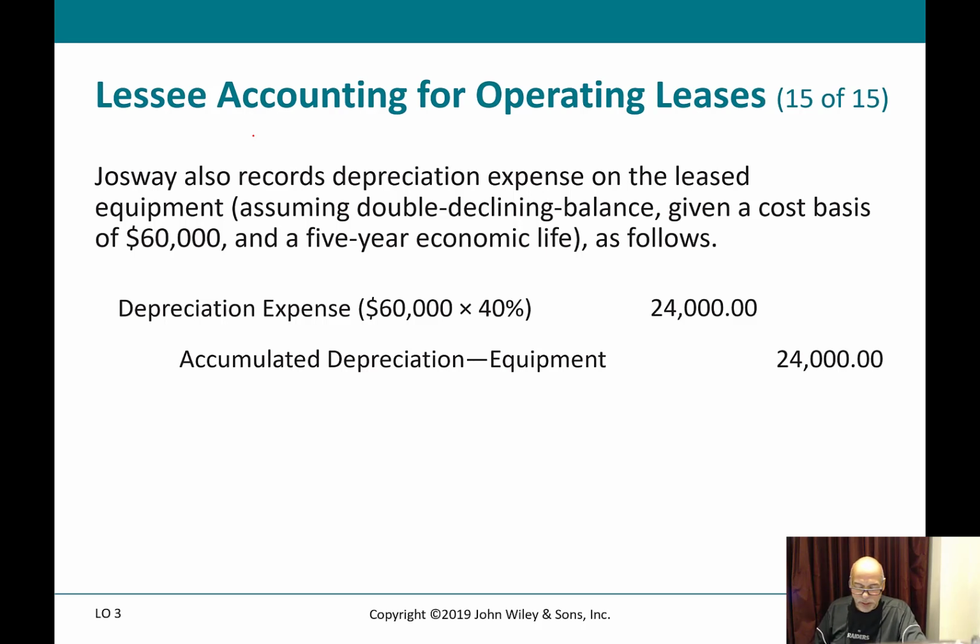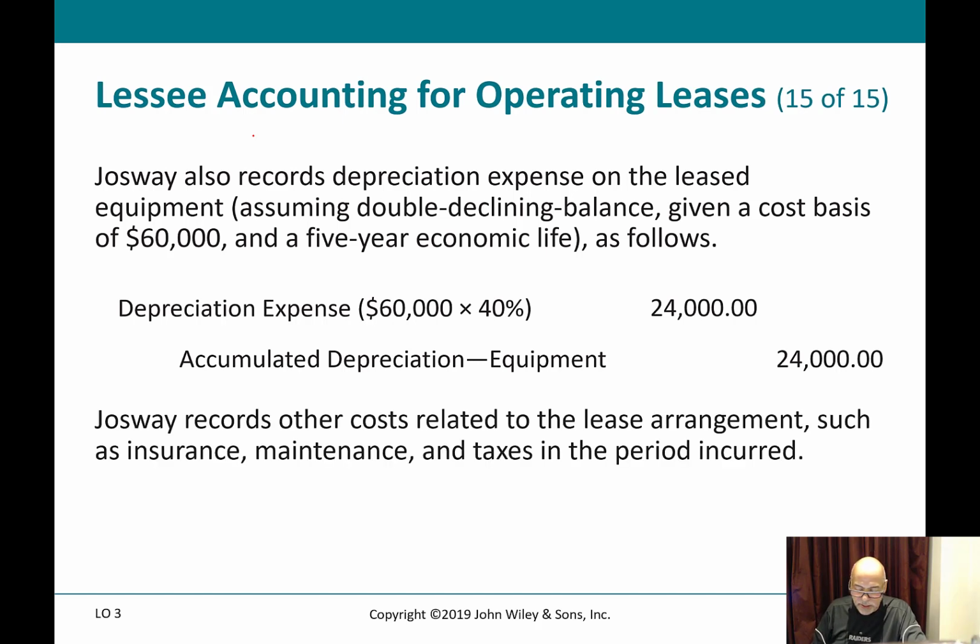Just know whatever method, straight line, whatever they're going to be using, they're going to be depreciating that asset because they still own it. And then as they go along each year, they'll take that, as we've seen, the unearned revenue and the revenue as they go along.